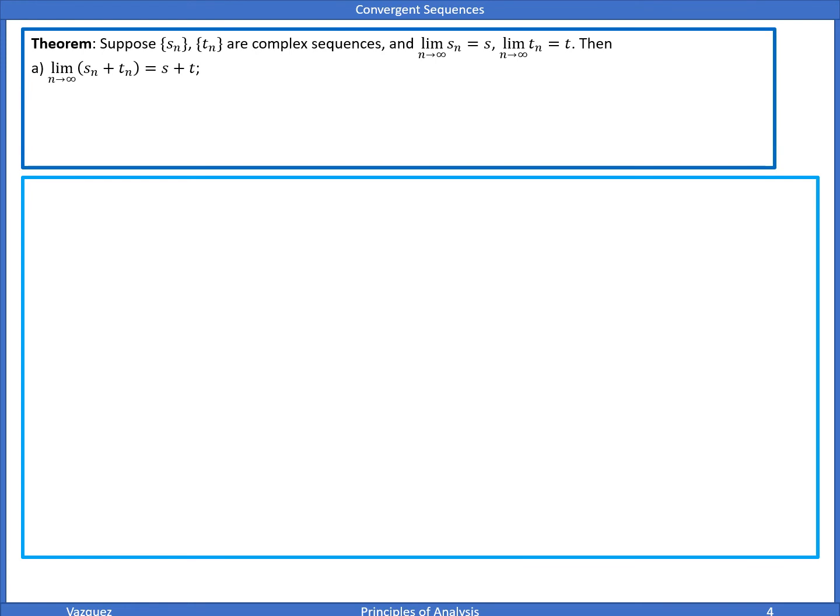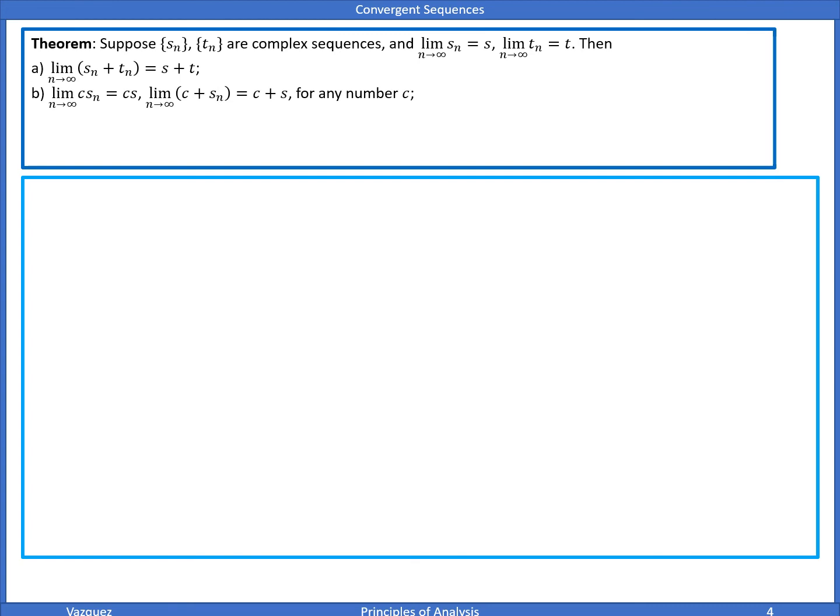Suppose S sub n and T sub n are complex sequences, and that their limits are S and T respectively. Then the limit of the sum of the sequences is just S plus T. Again, you may have seen this already in an Intro to Analysis course, but now we're dealing with a metric space or with complex sequences.